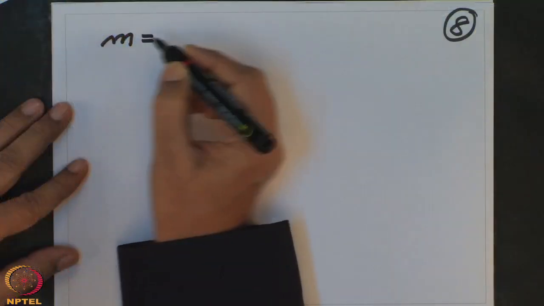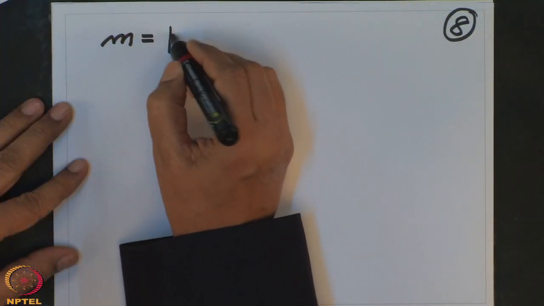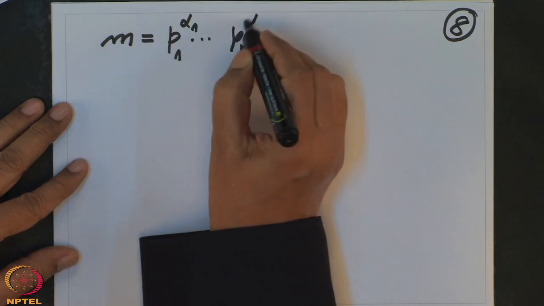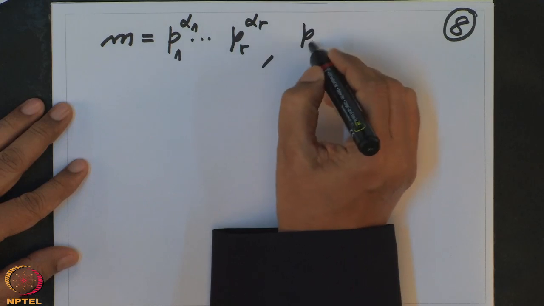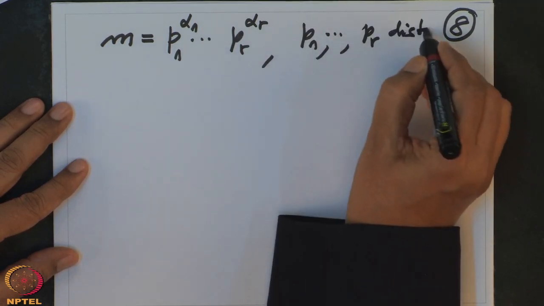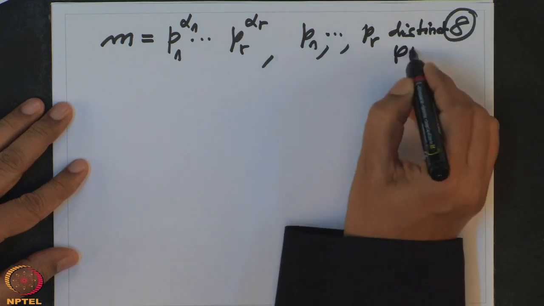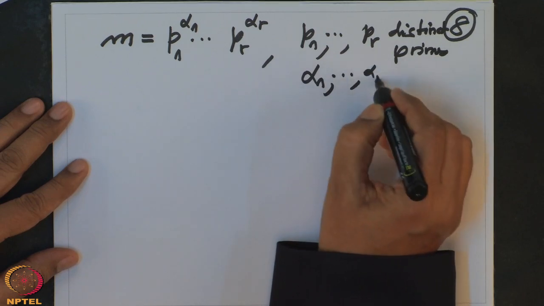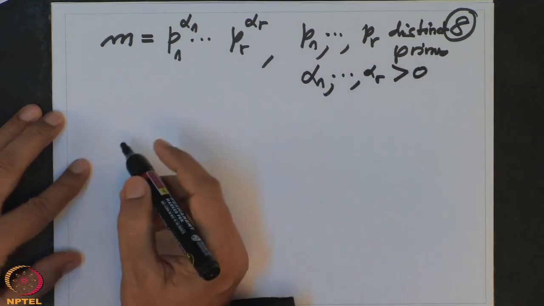So further, if I specialize, if I take m equal to, look at the prime decomposition of m, p1 to the alpha 1, ..., pr to the alpha r, where p1 to pr are distinct primes, and alpha 1 to alpha r are positive natural numbers.